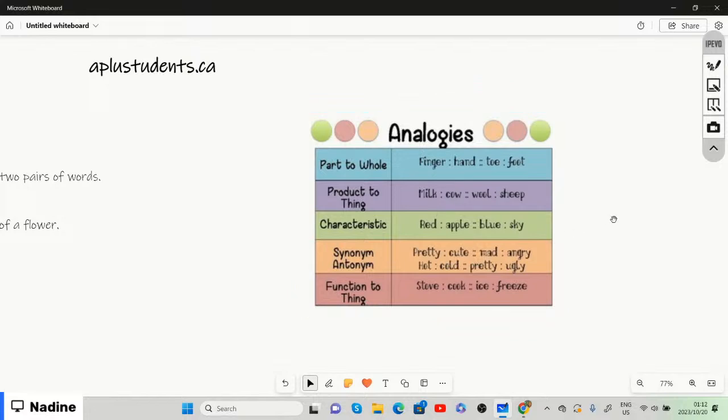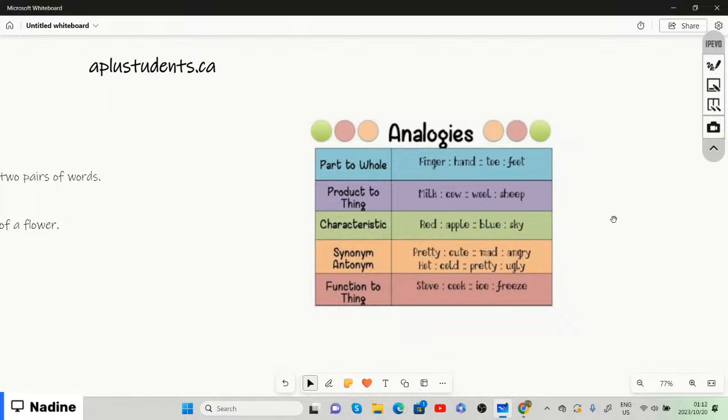Then we have characteristics, right? That's now where we are maybe describing certain colors to objects or things, right?